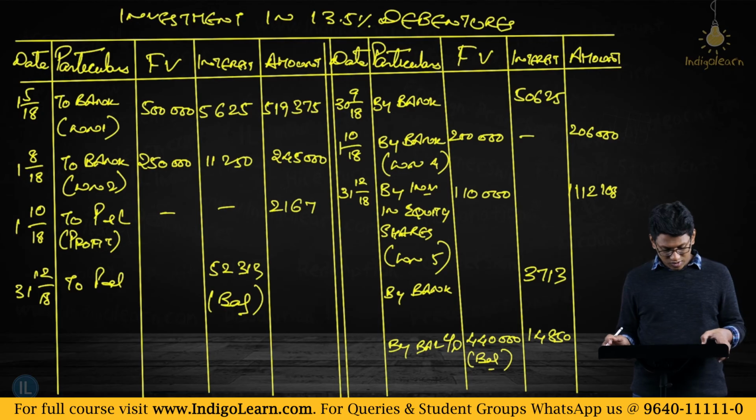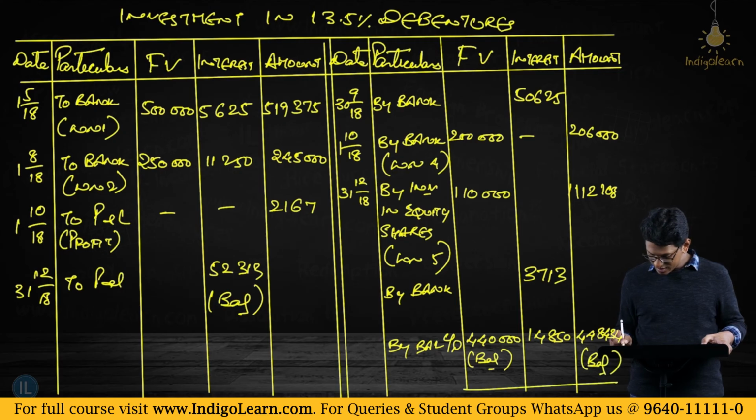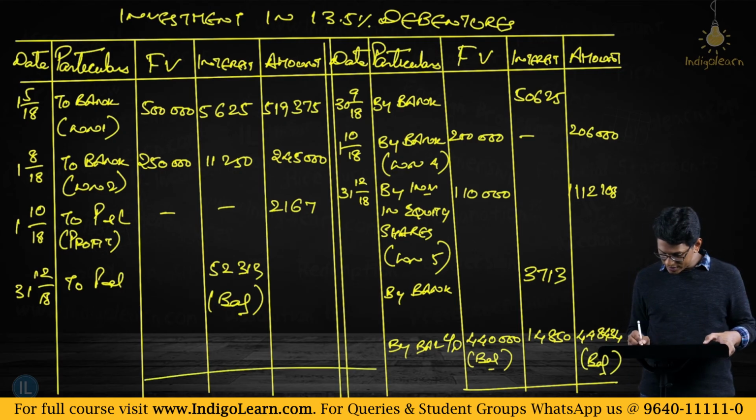Now come to the amount column. 5,19,375 plus 2,45,000 plus 2,167 minus 2,06,000 minus 1,12,108. That is 4,48,434. This is the balancing figure. So with this we can actually close the account.